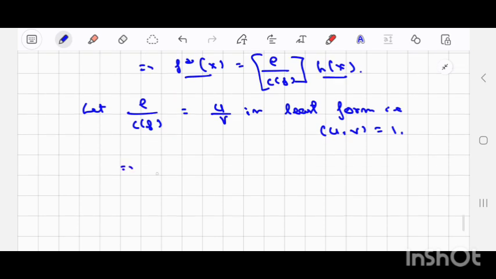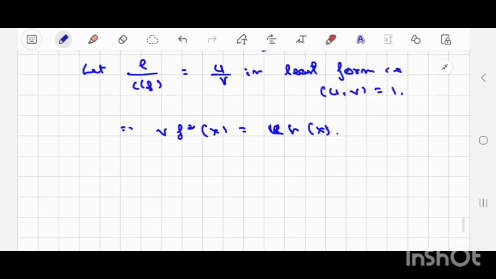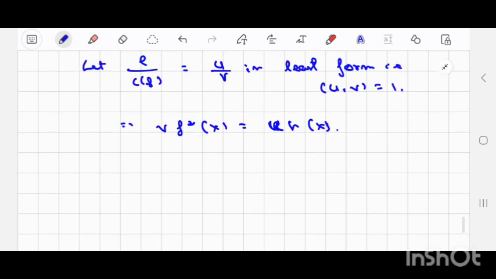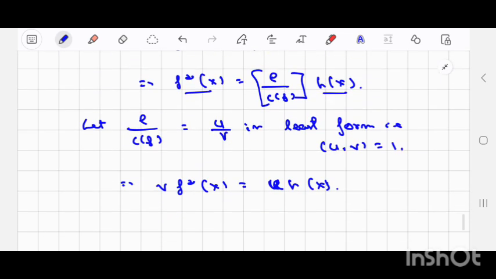Then what do I have? I have v times f star of x equals u times h of x, right? Now u is a rational number, v is also a rational number, right? What can I claim more? So the content of f is a rational number, e is a rational number, and I'm writing this in the least form.